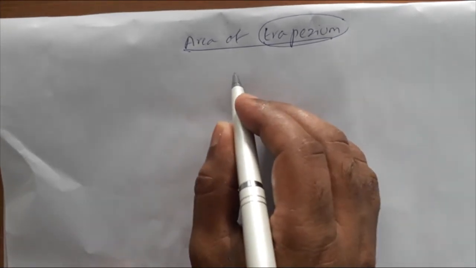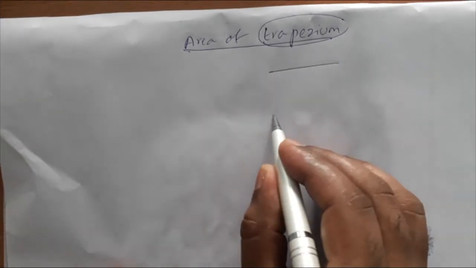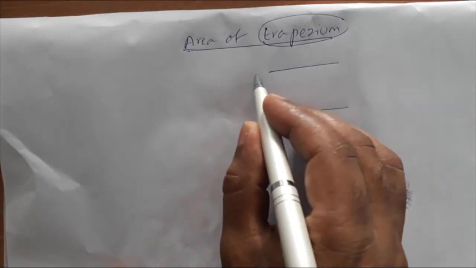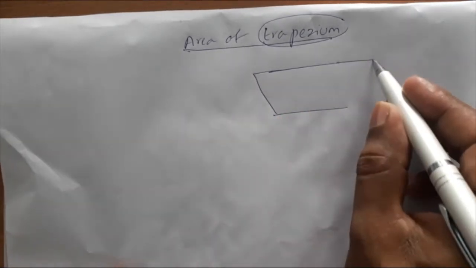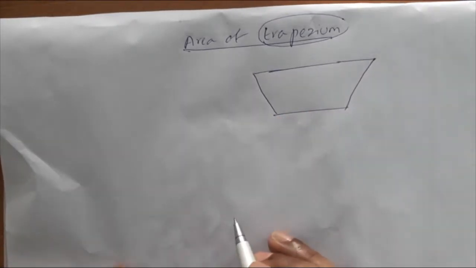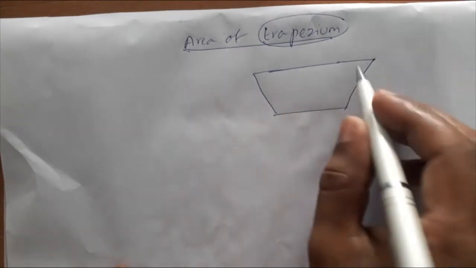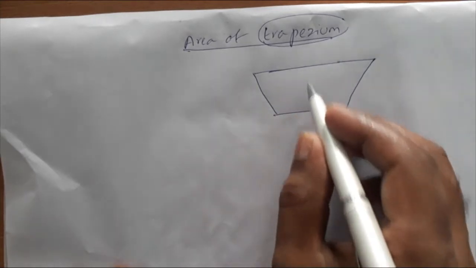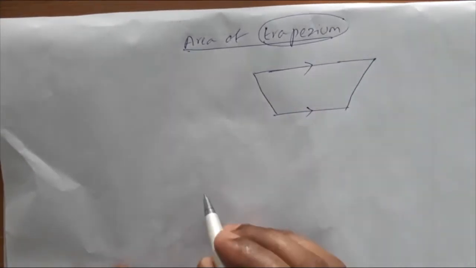That means, see here. This is one trapezium, one quadrilateral in which one pair of opposite sides are parallel. These two sides are parallel.